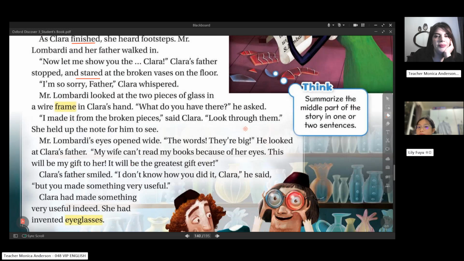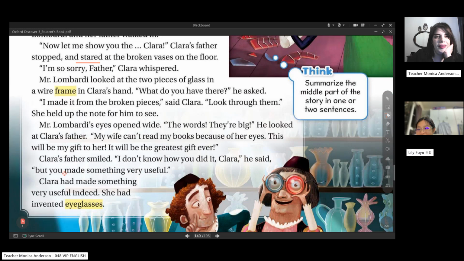"Look through them." She held up the frame for Mr. Lombardi, with his eyes open wide. He looked at Clara's father. "My wife can't read my book because of her eyes. This will be my gift for her. It will be the greatest gift ever."